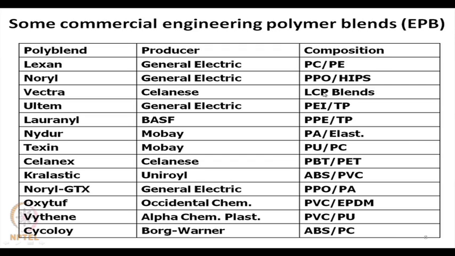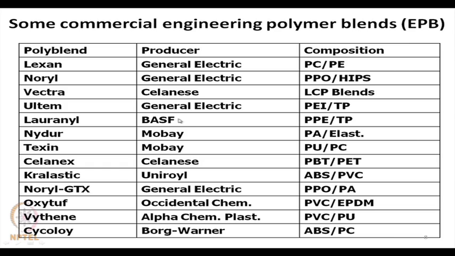More than one liquid crystalline polymer is mixed to develop a composition which has better properties than the individual liquid crystalline polymers. Ultem, again manufactured by General Electric, is a polyether imide blend with a thermoplastic polymer, TP.